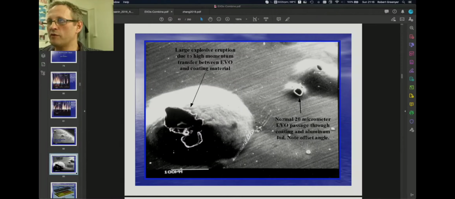He says, large explosive eruption due to the high momentum transfer between the exotic vacuum object and coating material. Normal 20 micrometer Evo passage through a coating and aluminium foil. Note offset angle here. What am I asking you to see in this frame? Who's first to get it?